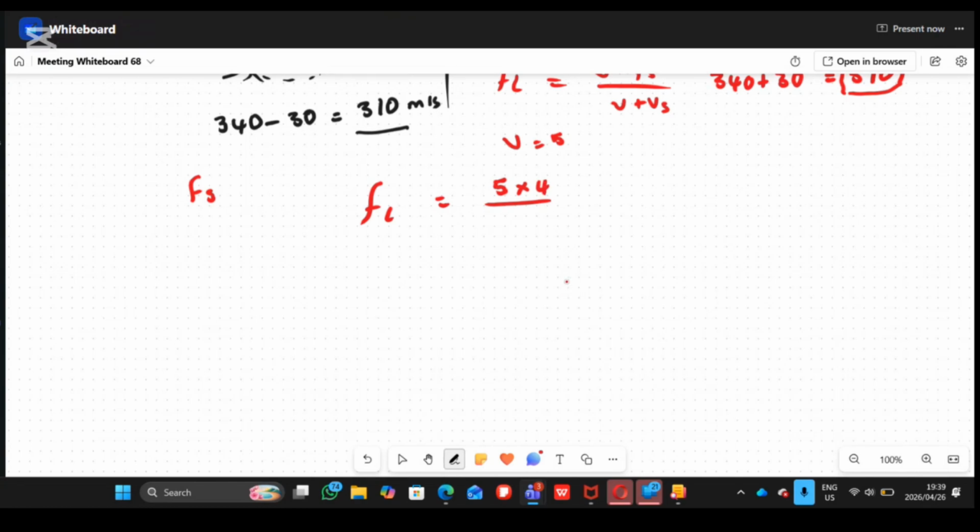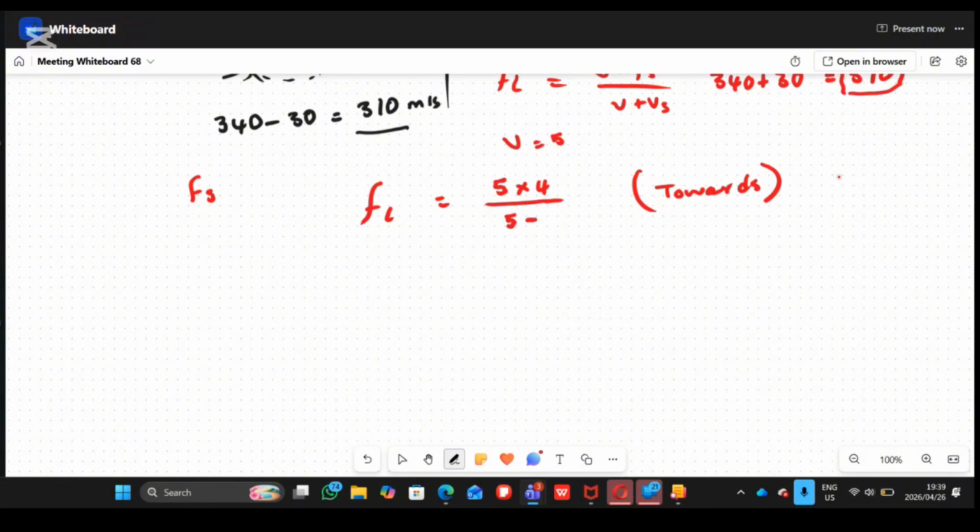Then, for the towards scenario, I'm still going to have 5 minus, in this case, the velocity of the sound source. I want a simple number.